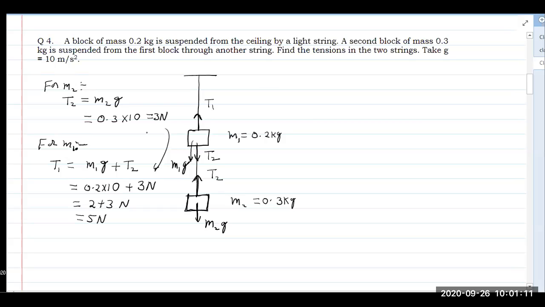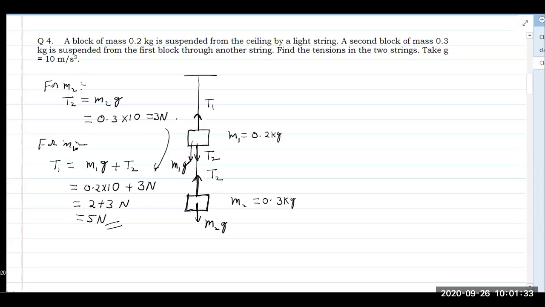And see in this problem, just see how we are doing. We are not including the weight of the second one, the M2g, on the first one, but it is coming indirectly through the string. See, M2g weight in the upper wire: why are we getting more tension in the upper one and less tension in the lower one?